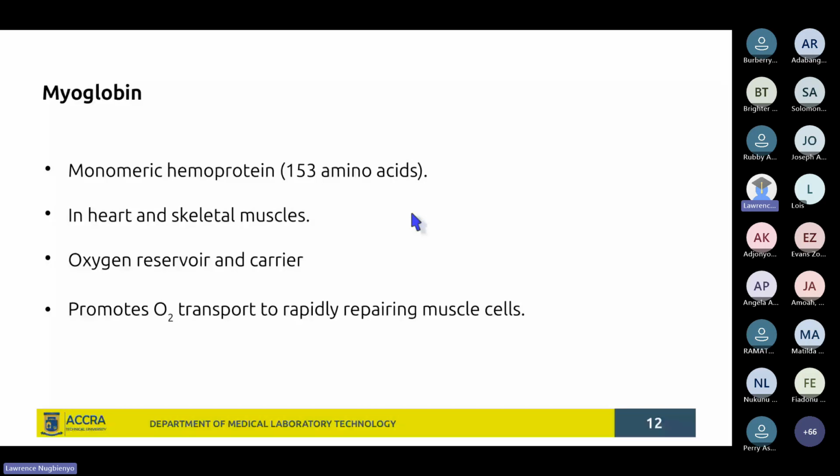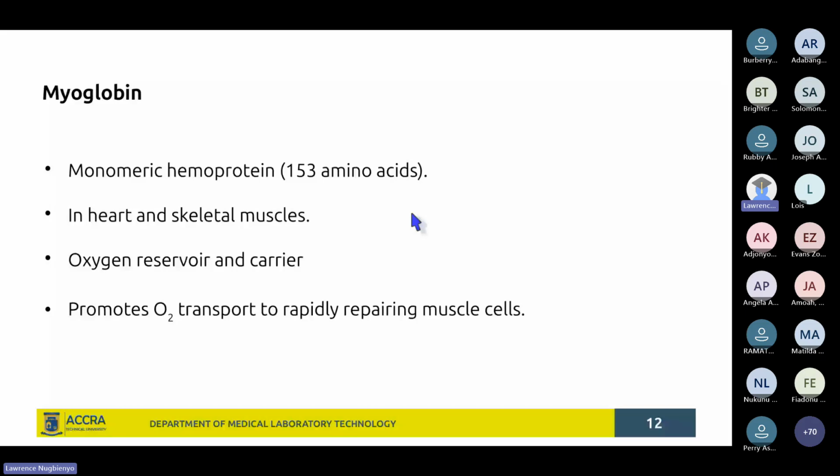It serves the function of an intermediate between the hemoglobin and the tissue cells, so that when hemoglobin brings oxygen from the lungs to the tissues, it transfers the oxygen molecule to myoglobin, and then myoglobin transfers to the cells. So that's the function that it is serving.